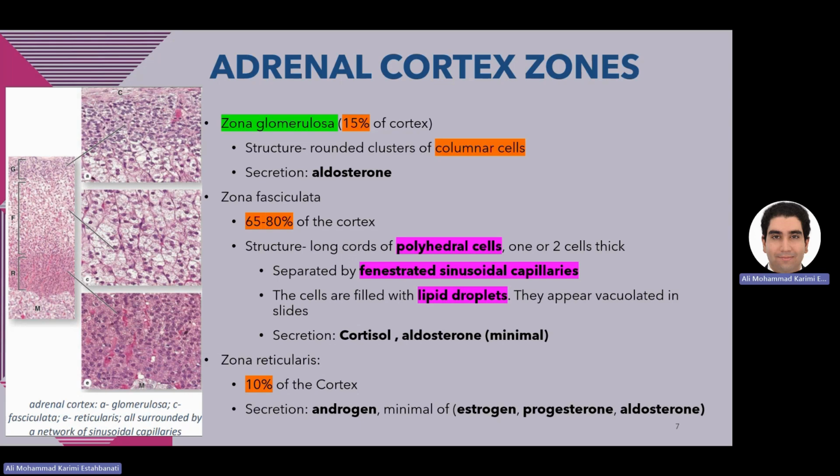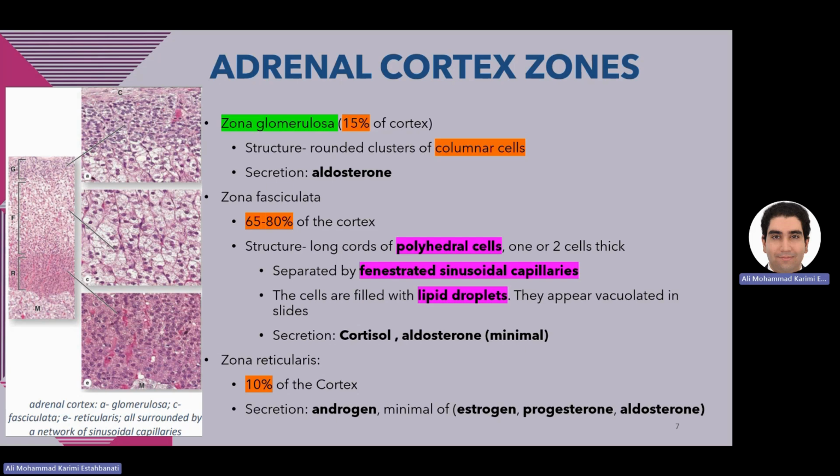Now, in terms of secretion, the main secretion of the zona fasciculata is cortisol. It does produce a minimal amount of aldosterone as well, but you should only mention this if there is a further question. Same thing for zona reticularis. The main secretion is androgen, but the minimal ones are estrogen, progesterone, and aldosterone.